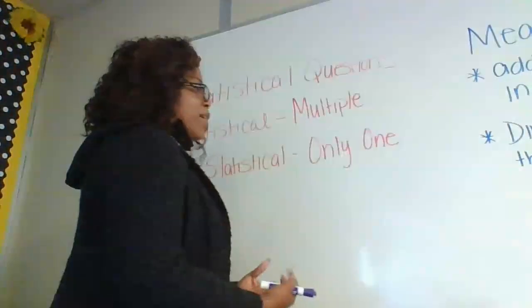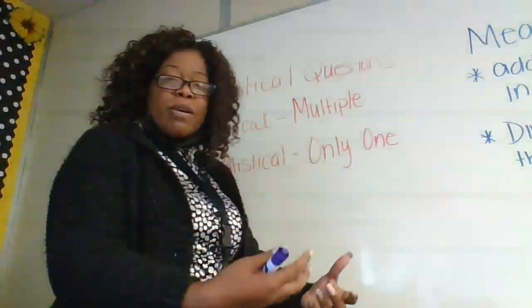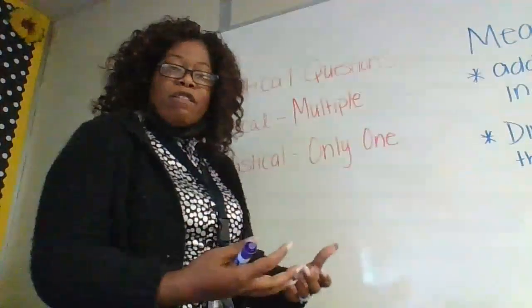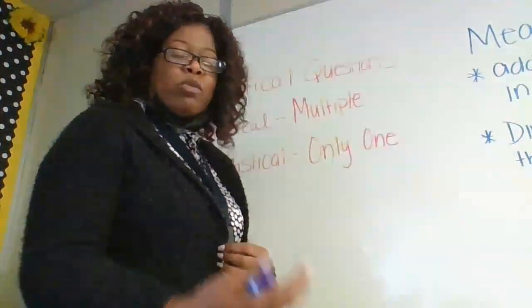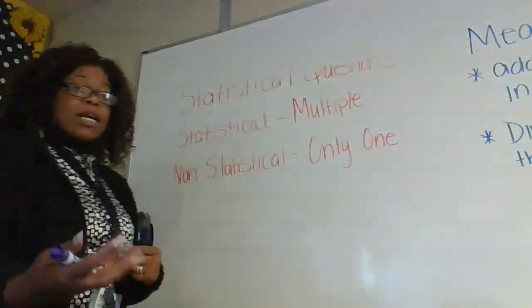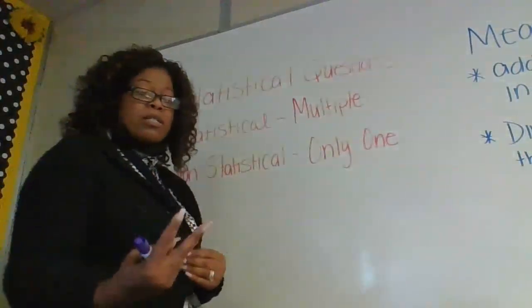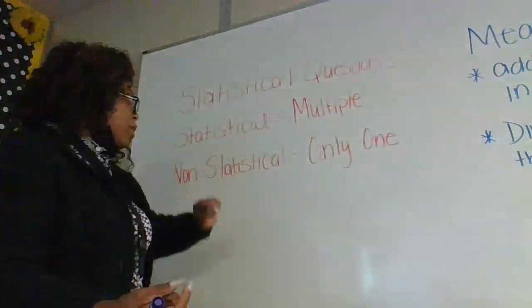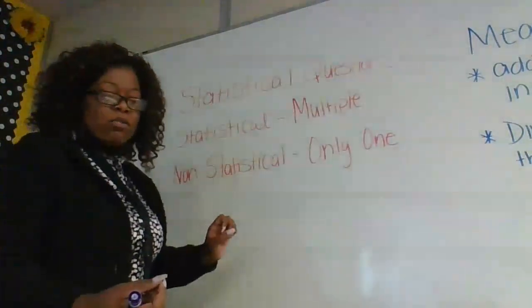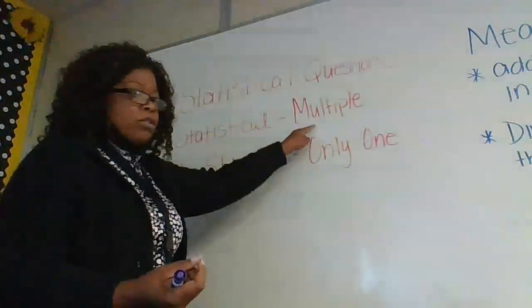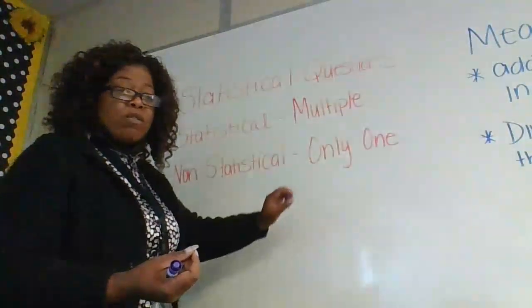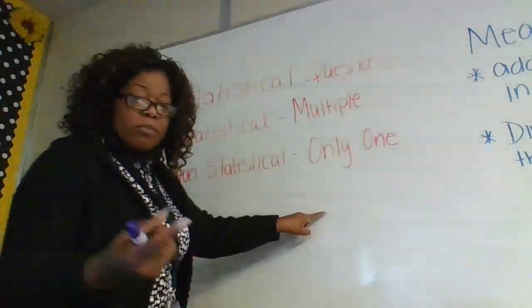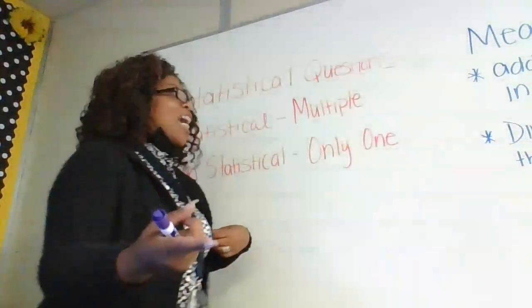But when we have a question that allows us multiple answers, then we have enough information to accurately research. So again: statistical, multiple answers. Non-statistical, only one answer. Got it? Good. All right.